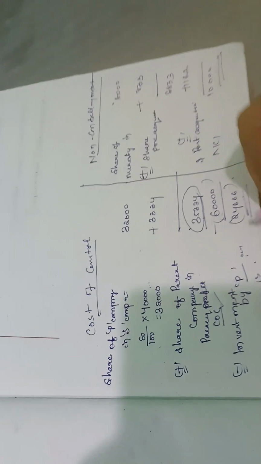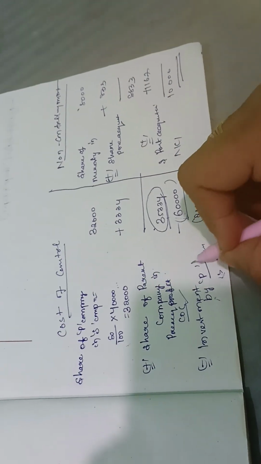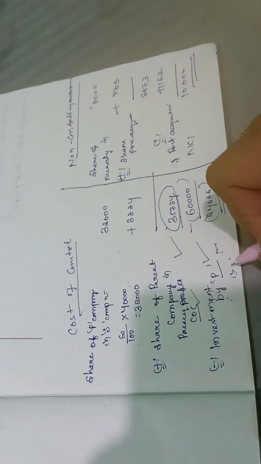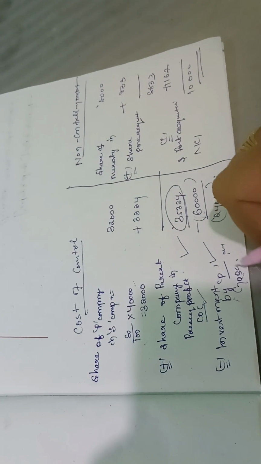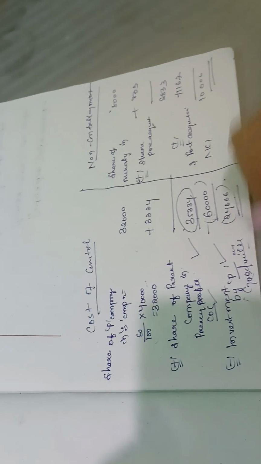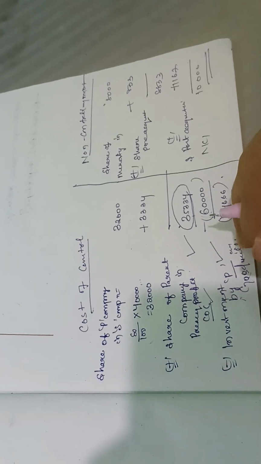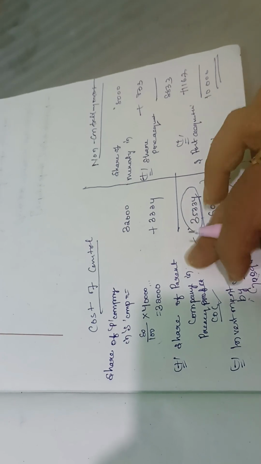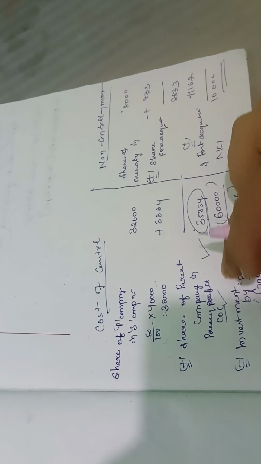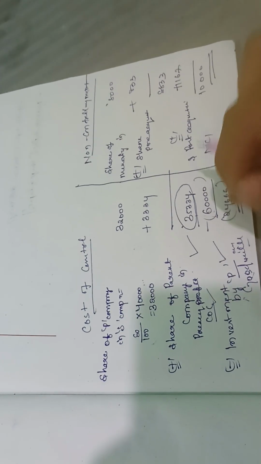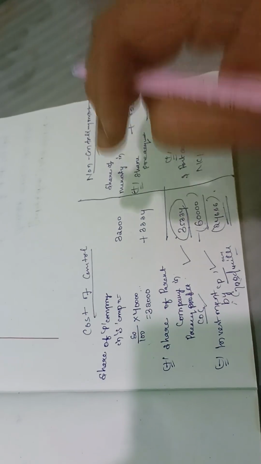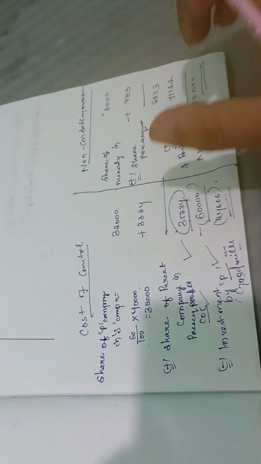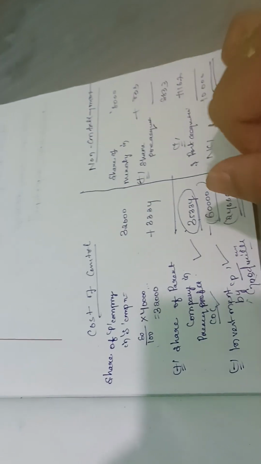As it is a minus figure, the investment is more than the actual cost of control, so it is goodwill for the parent company. Goodwill goes to the asset side of the balance sheet, as goodwill is an asset item.